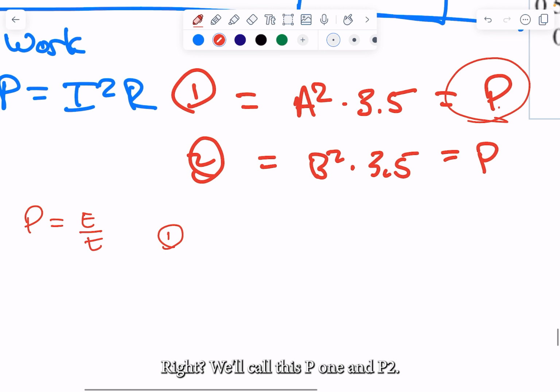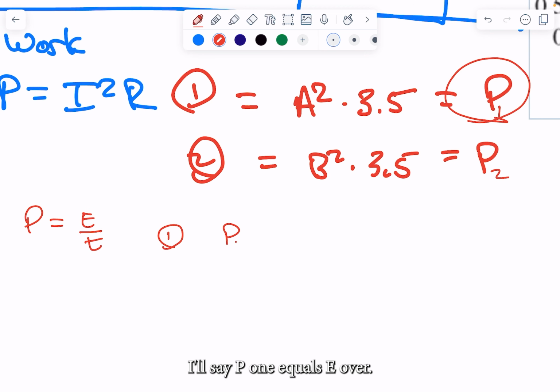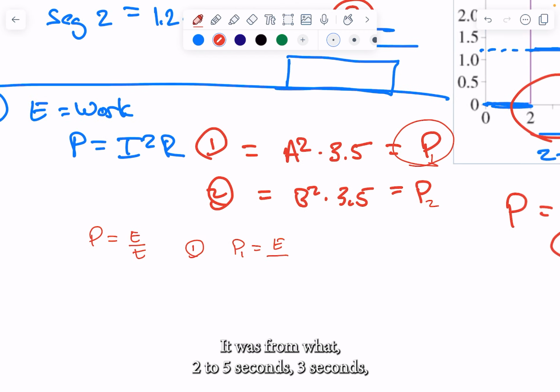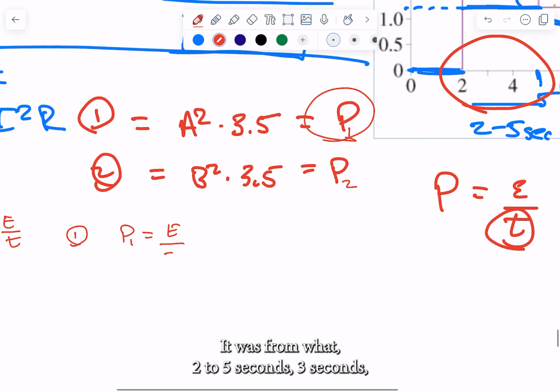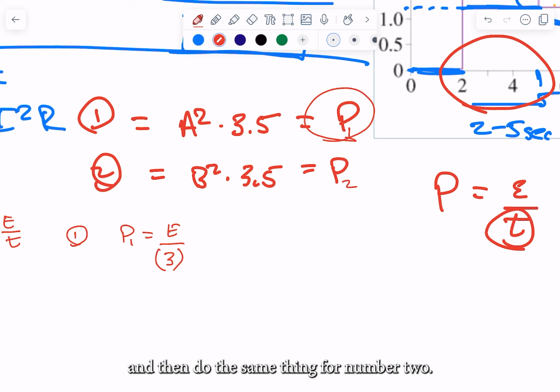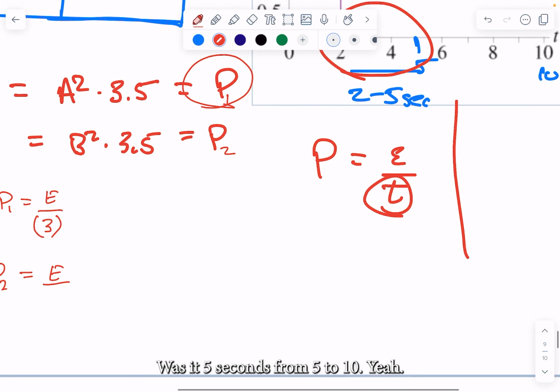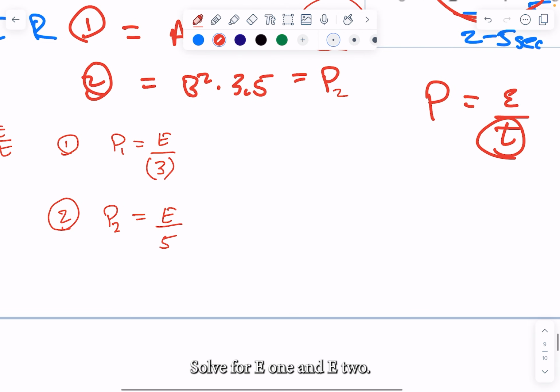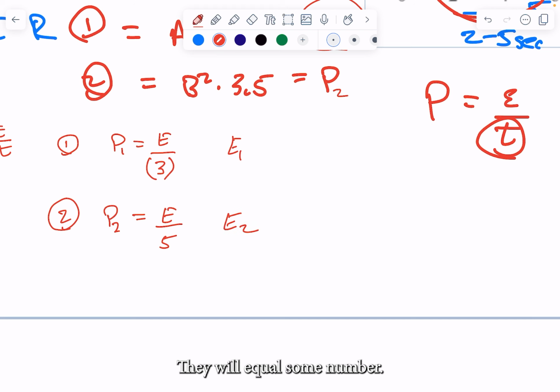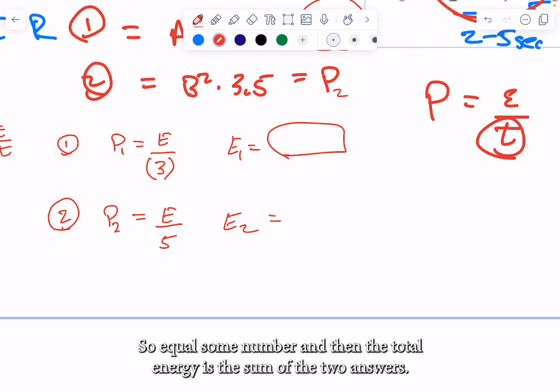We'll call this P1 and P2. I'll say P1 equals E over, it was from 2 to 5 seconds, 3 seconds. And then do the same thing for number 2. P2 is E over, was it 5 seconds? From 5 to 10, yeah. Over 5. Solve for E1 and E2. They will equal some number. This will equal some number. And then the total energy is the sum of the two answers.